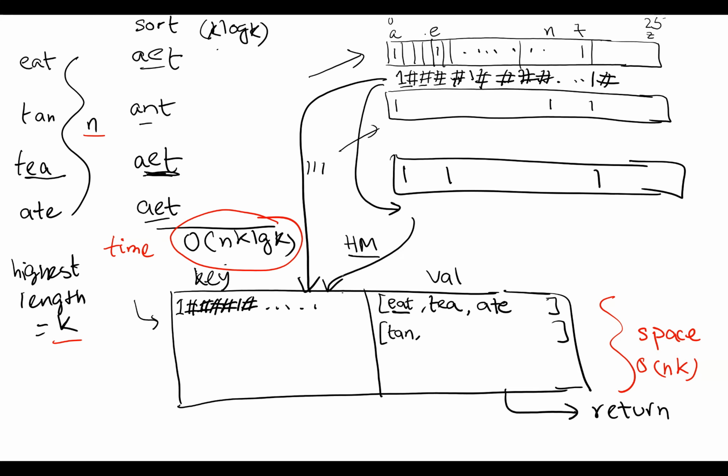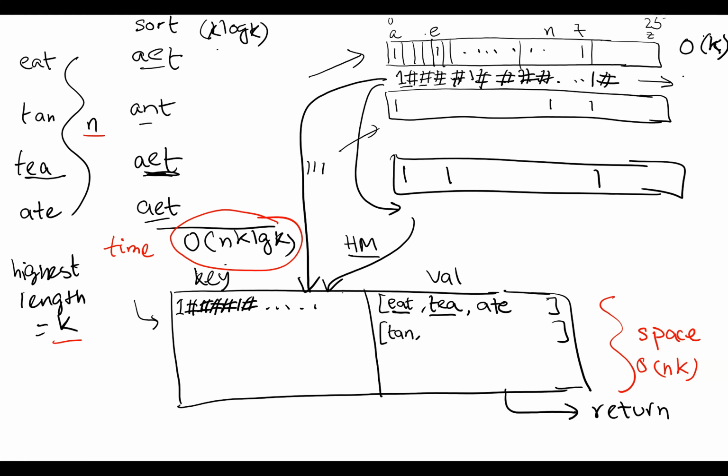Okay, so that means the second way is counting the words. So counting the words, how much time will it take? We have to first count the words and then append them to make a pattern. So counting the word takes order of k, if the length of the words is k, right? This is order of k.